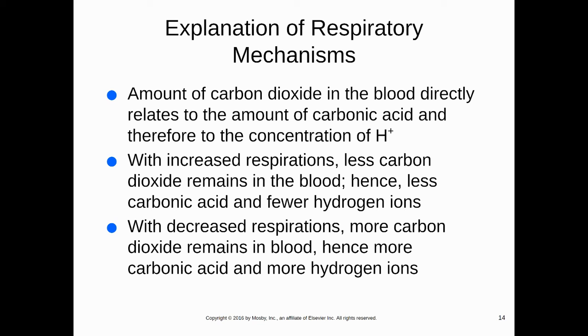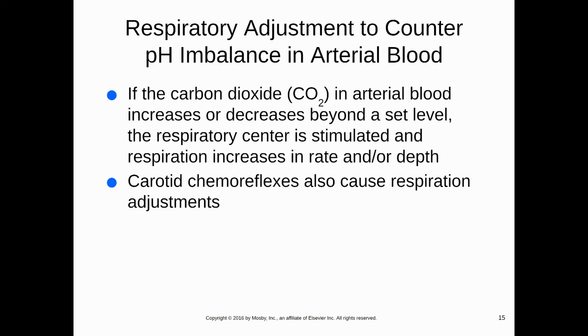If I'm breathing out a lot more, I'm going to have less carbon dioxide, therefore less carbonic acid and fewer hydrogen ions, because I'm getting rid of my carbonic acid through my carbon dioxide. If I have decreased respirations, I'm going to have more carbon dioxide in the blood, therefore more carbonic acid, which means more hydrogen ions.